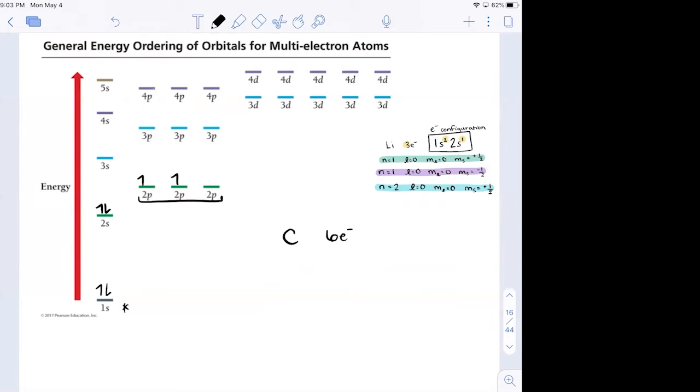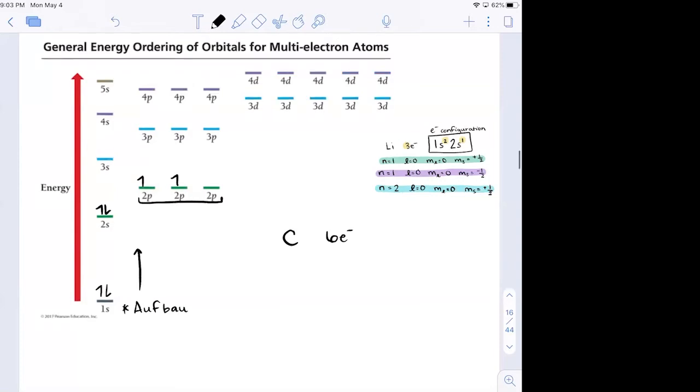So Aufbau tells us down here, and to move up. The Pauli exclusion principle says don't put more than 2 electrons on each line. And Hund's rule says, hey, don't pair those 2 electrons, put them in each orbital, 1 in each, because that's what we have room for. Again, x, y, and z there.